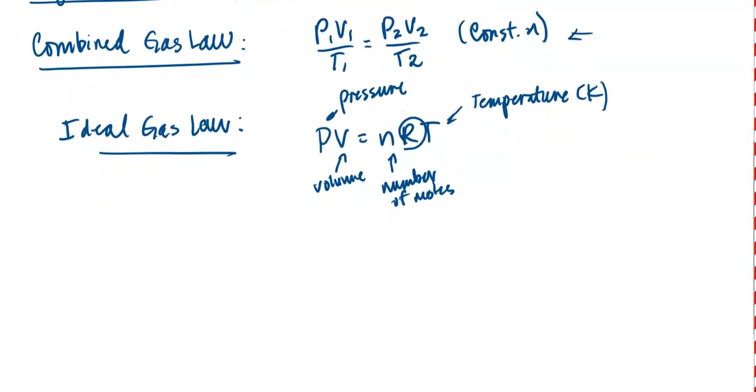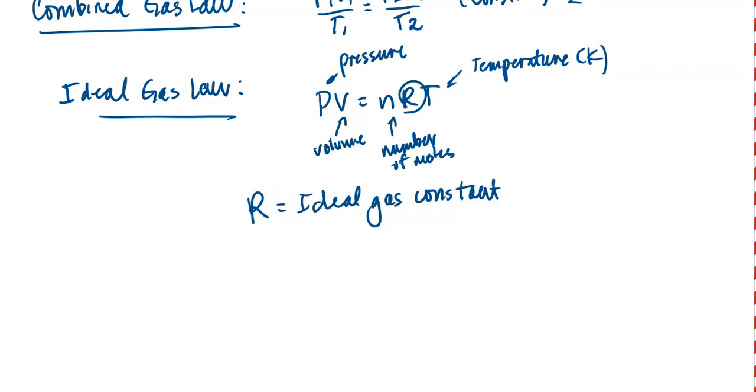What we haven't seen before is this value R. That value R is what we call the ideal gas constant. It's just a constant of proportionality that allows us to tie the four variables together. This value is consistent throughout.